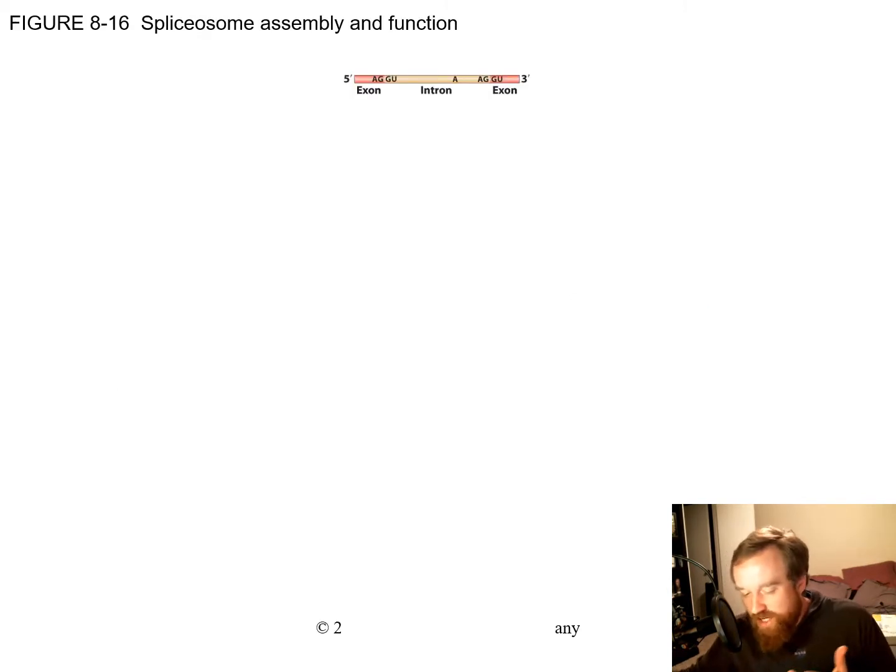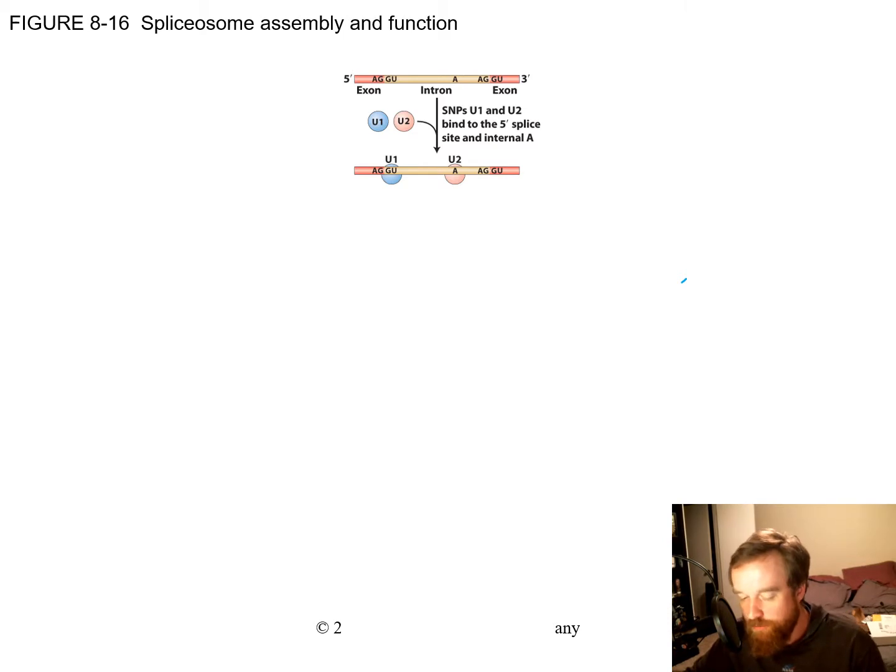So now let's look at how this actual splicing occurs. Remember the boundaries of these exons and introns are indicated by these consensus sequences, AG, GU. And then we have two small nuclear ribonucleoproteins. On this figure here, the book is incorrect. This is not a SNP, SNPs being single nucleotide polymorphisms, which we talked about.